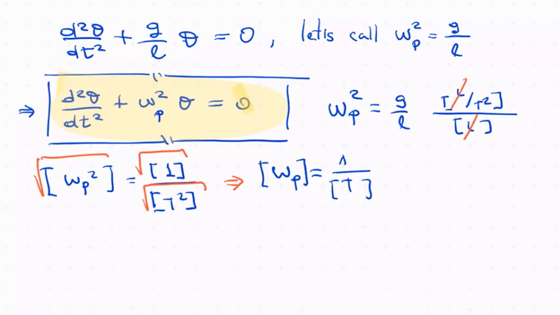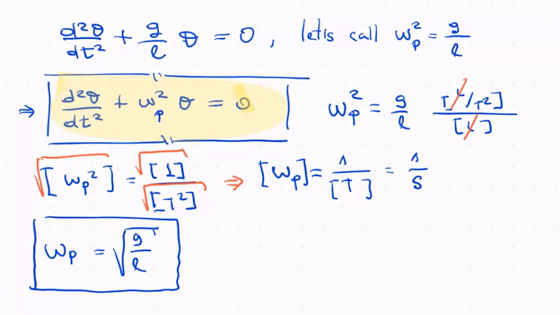Usually we use seconds as the unit of time. It will be something like this, 1 dividing second, okay? This is the frequency of the pendulum. Let's write it like this. G dividing L under a square root is the angular frequency.